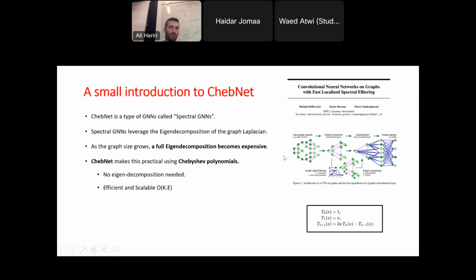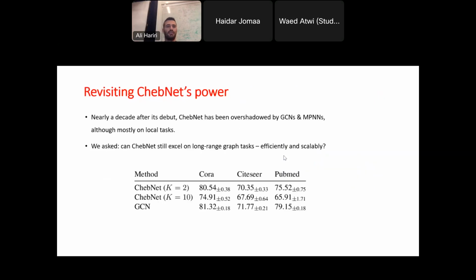So this is an introduction to ChebNet. And as I said, this was introduced 10 years ago. It was benchmarked on different graph community benchmarks, and it had an average performance. It wasn't the greatest performer in a way.